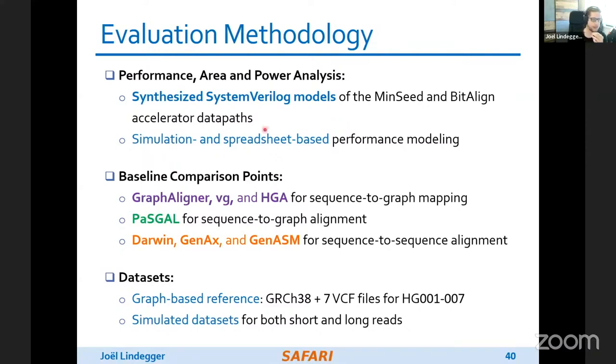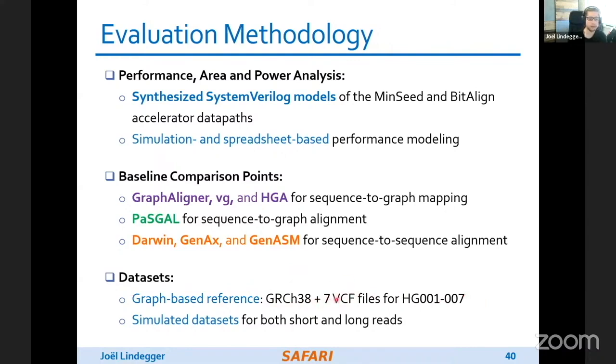Then we do a bunch of performance measurements of software baselines, as well as we check out the numbers that these hardware baselines report in their original papers. Then we have the human reference genome and VCF files as the graph reference.